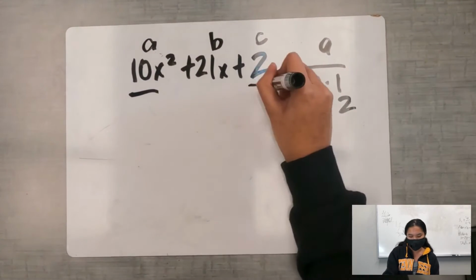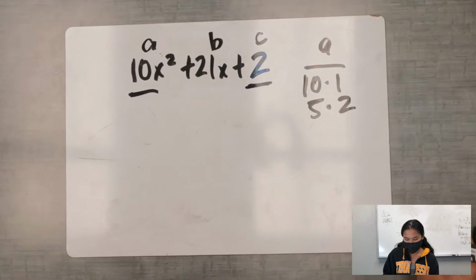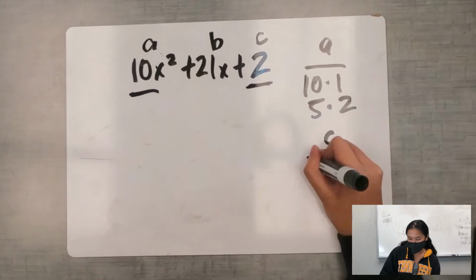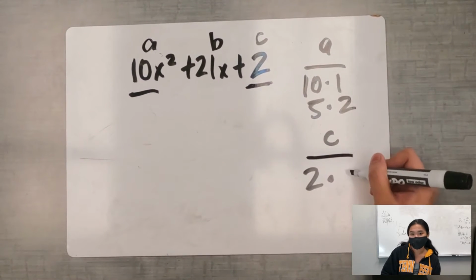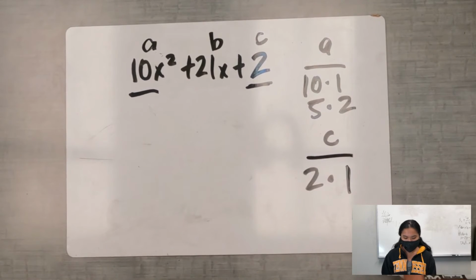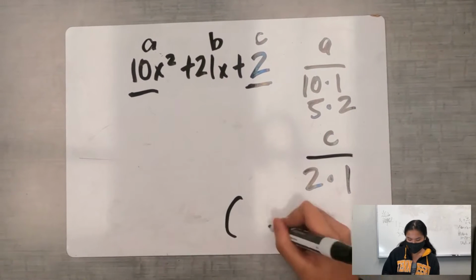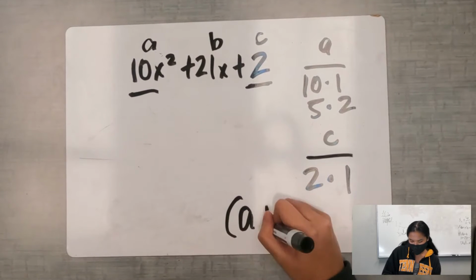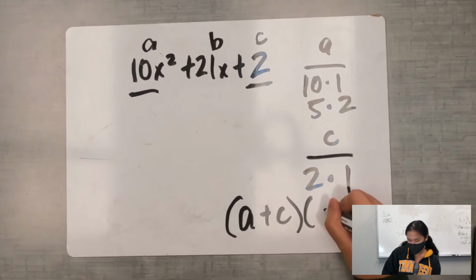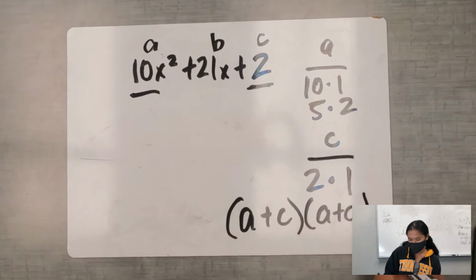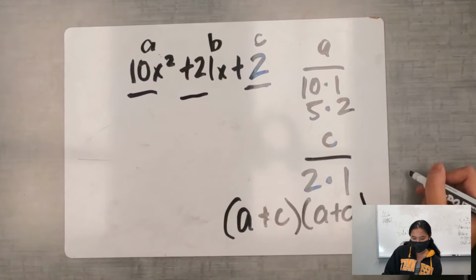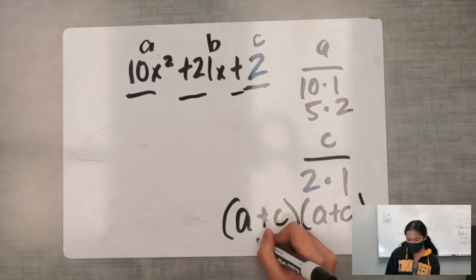And then two numbers that multiply to c, which is 2, would just be 2 times 1 since it's a prime number. And then our factored form should be like a plus c and a plus c, since b is a positive and c is a positive number.